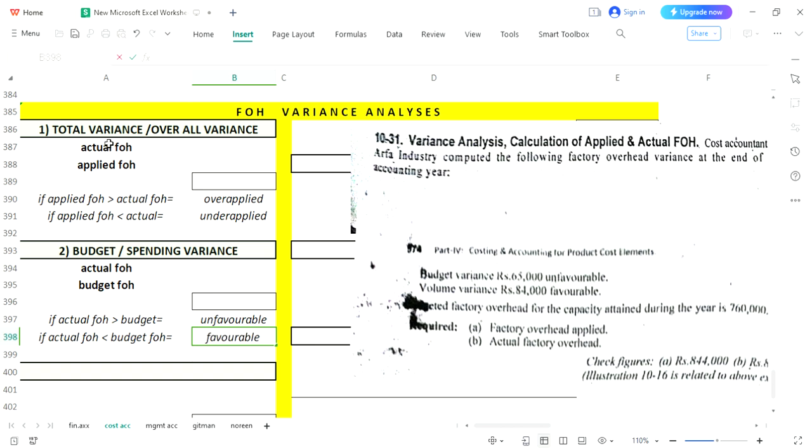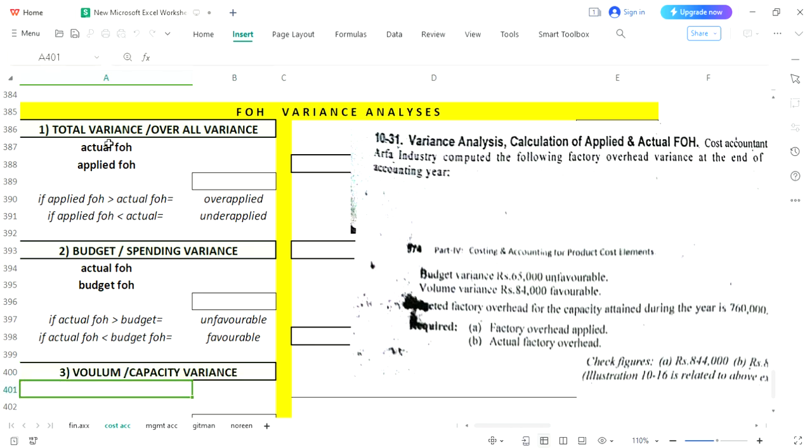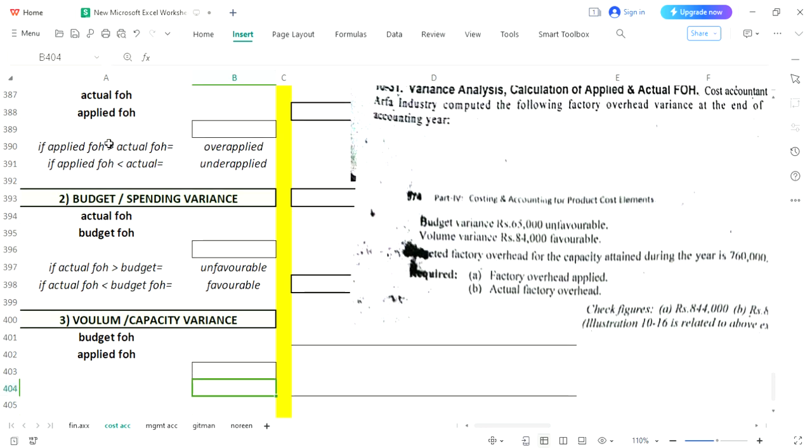This way you complete your second variance, and the third variance is volume or capacity variance. This is the relationship of budget FH and applied FH, and you calculate this variance by taking the difference of budget and applied. The next step is to conclude by focusing upon budget.